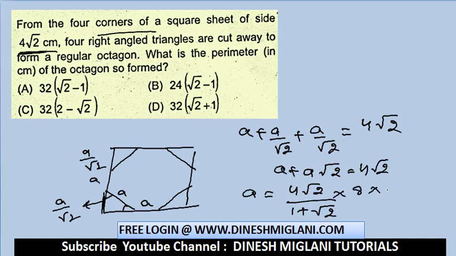Now just simplify this. Multiply by root 2 minus 1 by root 2 minus 1. This is 1. So the numerator should be 32 into root 2 into root 2 minus 1. Right. So multiply inside by root 2. So 2 minus root 2. So 32 into 2 minus root 2. Hence we can say C is our answer, 32 into 2 minus root 2.